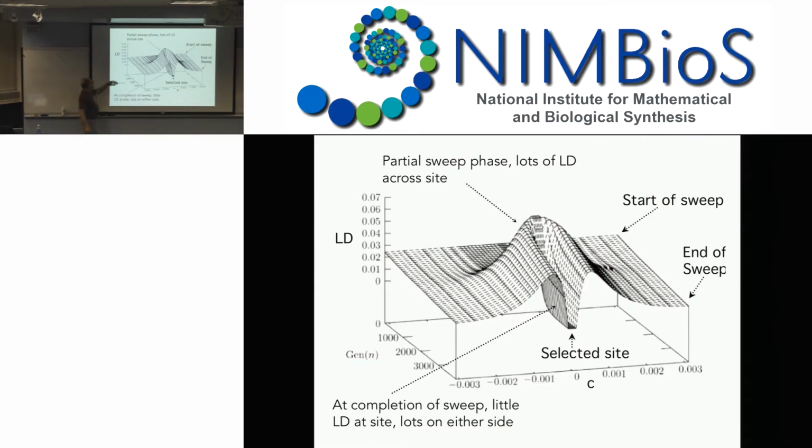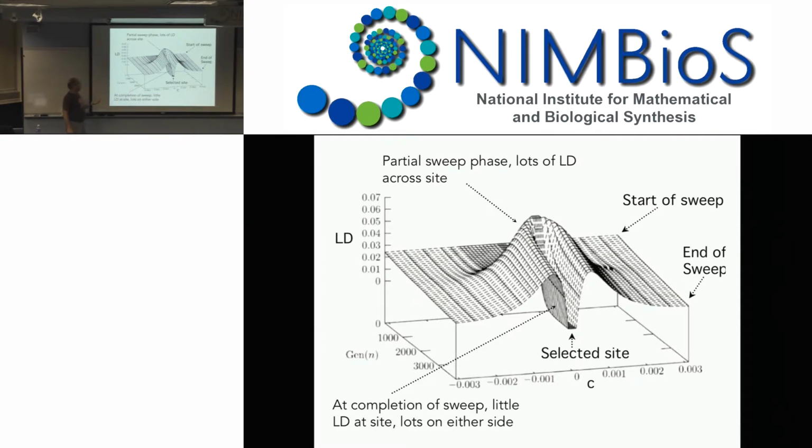Here's kind of the cartoon. So here is our sweep site. Basically, these are distance from the sweep site. Here's the beginning of the sweep, the end of the sweep. What you see is as the sweep goes on, you get a big pulse of LD right around the selective site. And then as the selective site becomes more common, you then get this trough in the middle with LD on either side. Very non-intuitive.